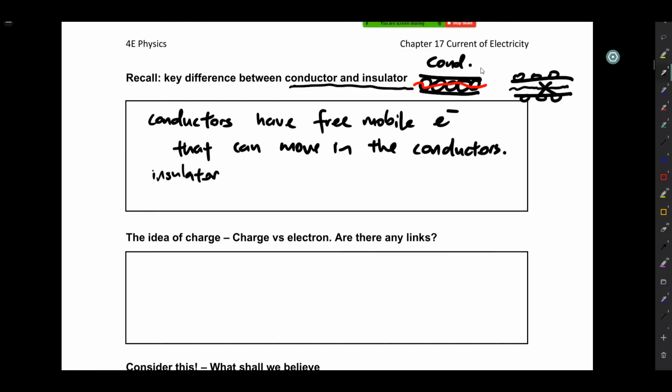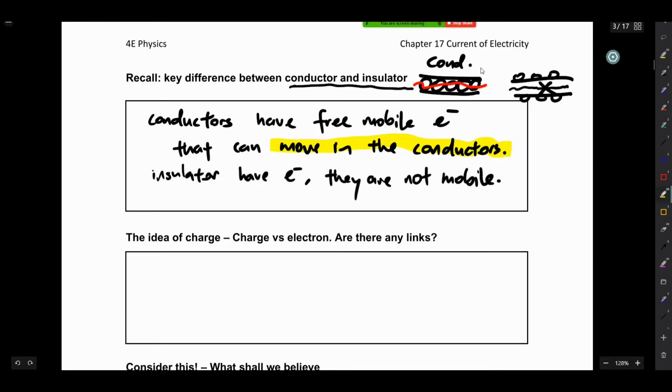While an insulator has electrons, they are not mobile. Both have electrons, and both have the ability to lose or gain electrons. It's just that for conductors, their electrons can move inside the conductor, and that's very important.